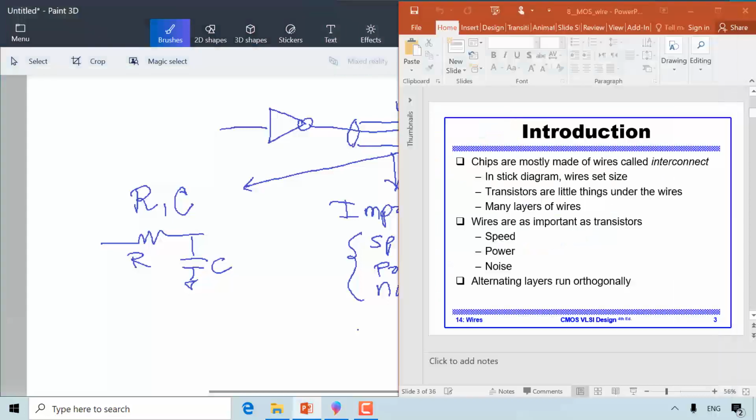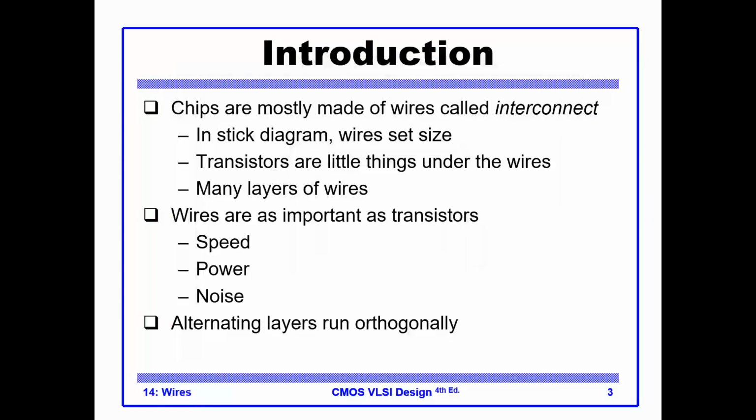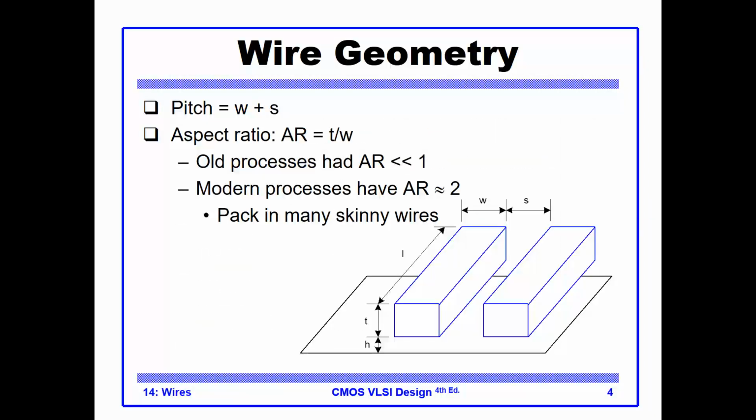Let's go back to our slides and we'll see, in terms of the wire resistance, that the wire can be looked at as a piece of metal with a thickness of T, length of L, width of W, and this wire is separated from the neighboring wire with a space of S. This wire is separated from the layer beneath it by a height of h.